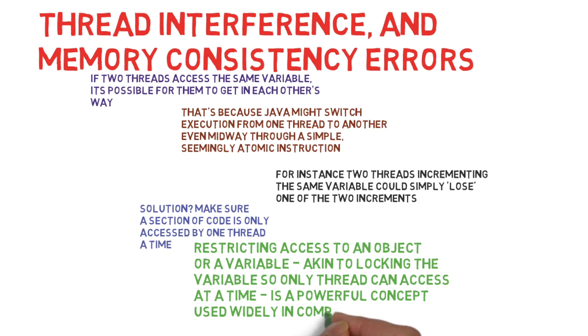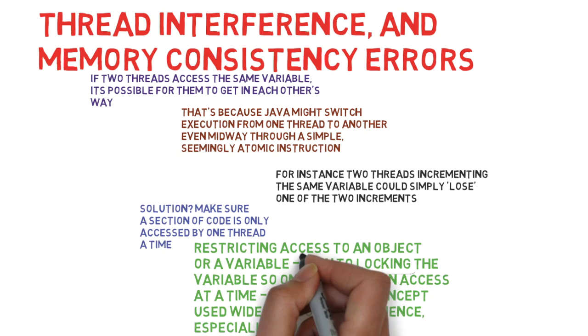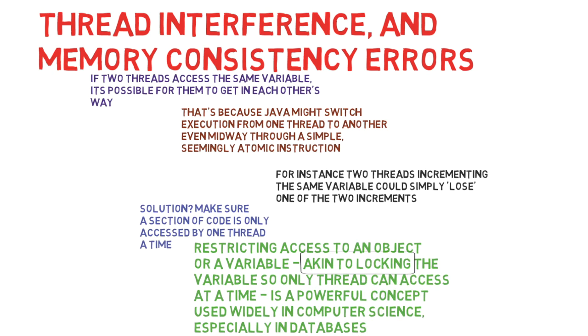It's very widely used, especially in databases. We want to make sure that database updates are consistent and atomic, and multiple writes do not interfere with one another. We use locking in databases.